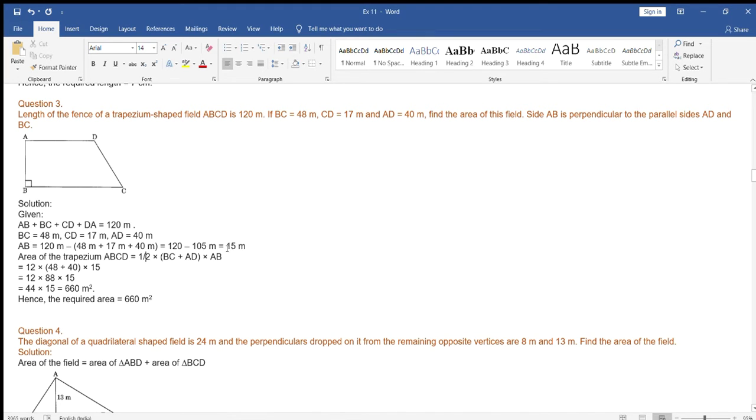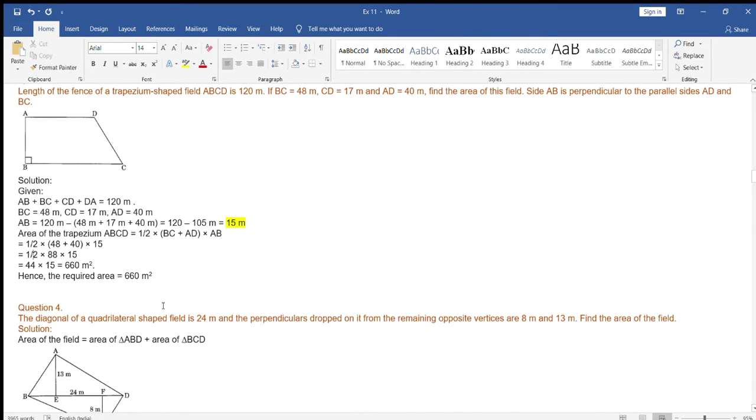The height that we found is 15. Putting the values in the formula, we find the area of the trapezium, and that is 660 meter square.